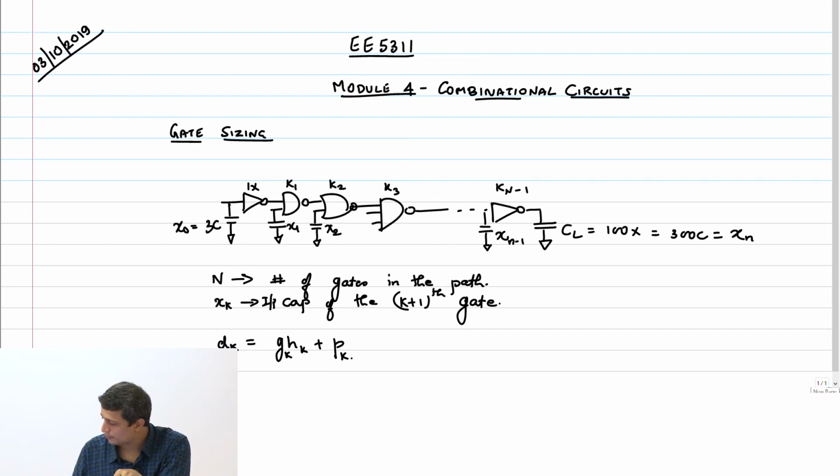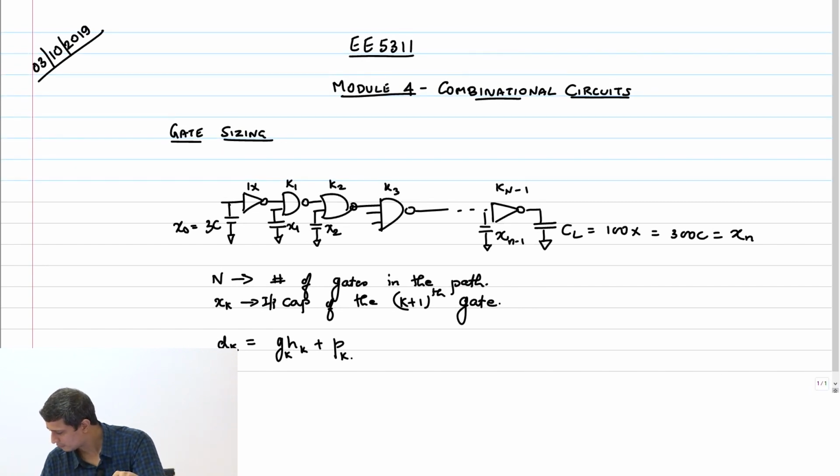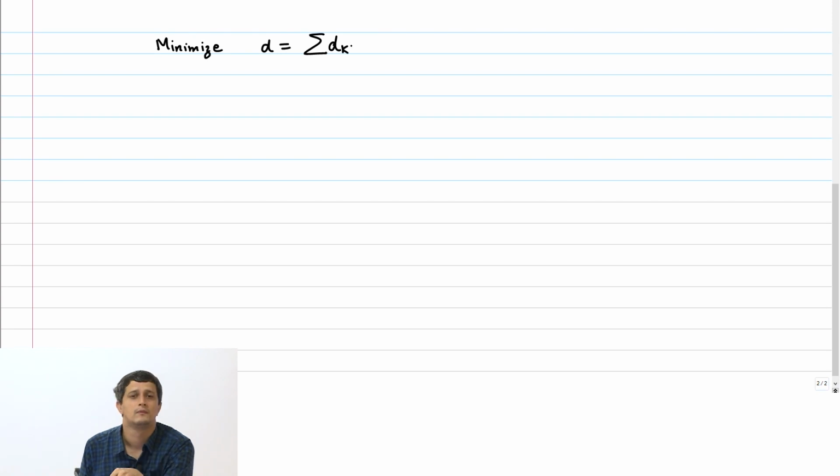So what do I now want to do? I want to minimize the delay d, which is nothing but the summation of dk, with k going from 1 to n.